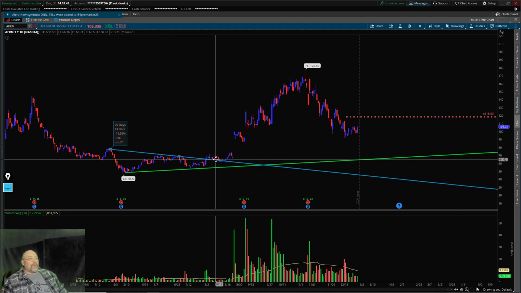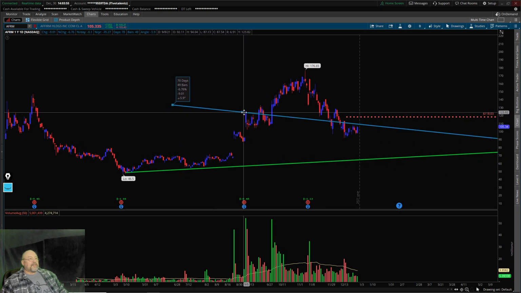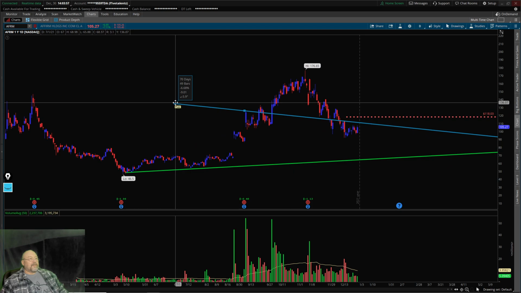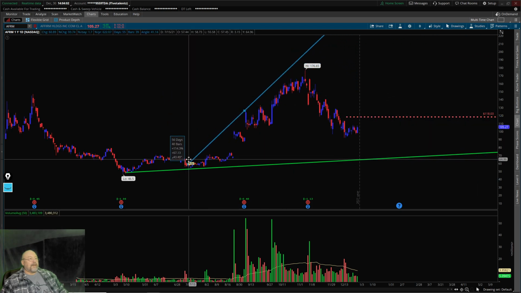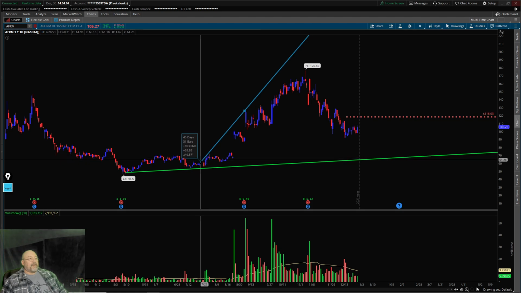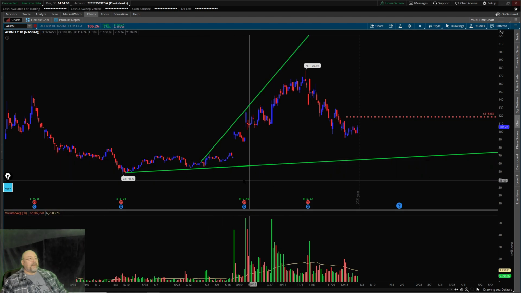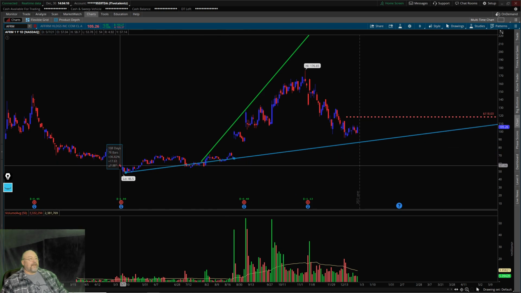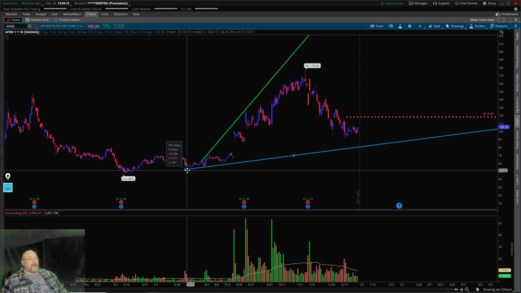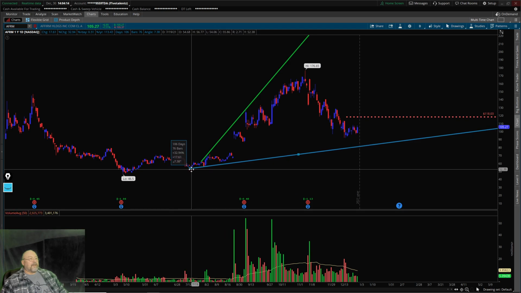So once it breaks here, once it breaks this trend line, then we start moving our trend to the upside after it breaks that trend. Okay, so we could probably have our trend line right here. This we probably move to right here and to the lowest point.